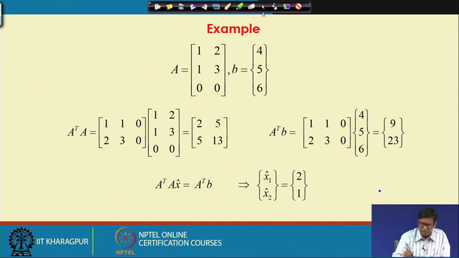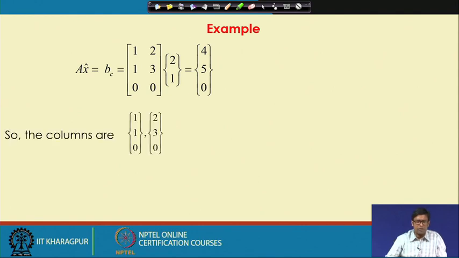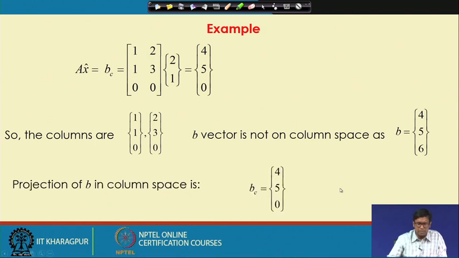Now, what we will do is substitute this x tilde into the main equation and see what the error is. So, A x tilde is the projected value of b in the column space, b c, and A into x tilde is 4 5 0. The columns are 1 1 0 and 2 3 0, so this is basically the projected value. The b vector was not in the column space, and b c is the projection of the b vector in the column space.